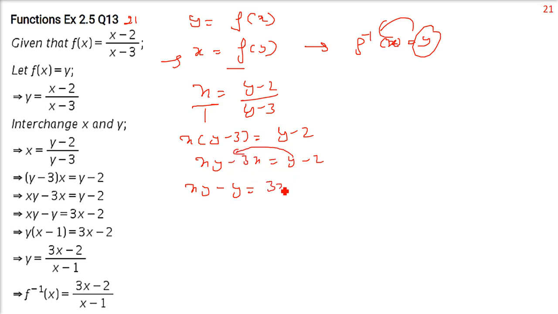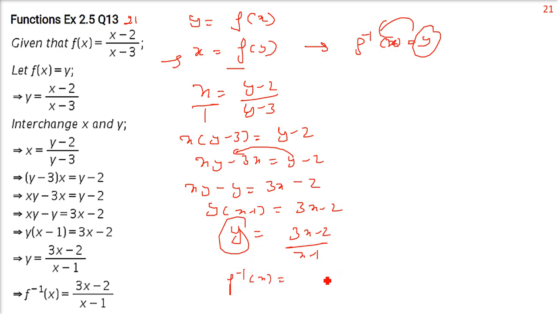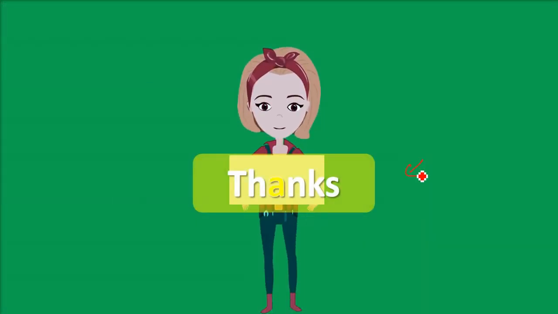So xy minus y equals 3x minus 2. This is the correction I mentioned in our surjectivity. So y equals (3x minus 2) by (x minus 1). This is y, which is going to be f inverse x. This is your final answer, f inverse x equals (3x minus 2) by (x minus 1). So you can correct the surjectivity this way. Okay, this is all about this exercise. Thank you so much and take care of yourself.